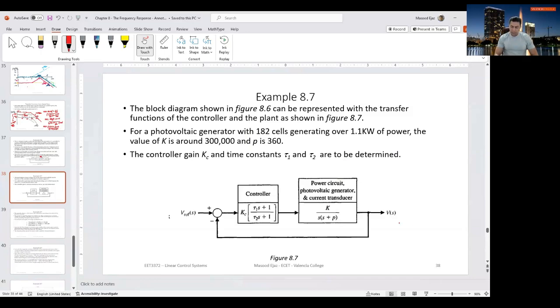So these values are given to us. You have to calculate the value of Kc, the controller gain, and the two time constants, tau1 and tau2. In fact, tau2 is the time constant of the circuit, since it's a pole, and tau1 is one of the zeros.